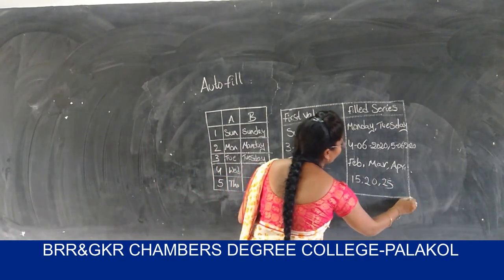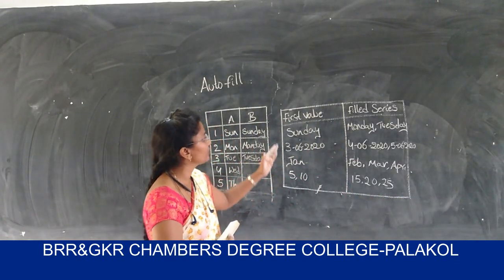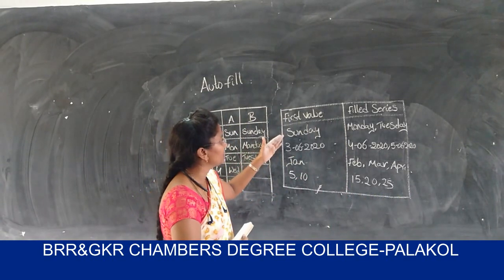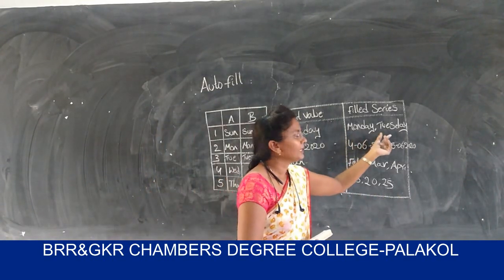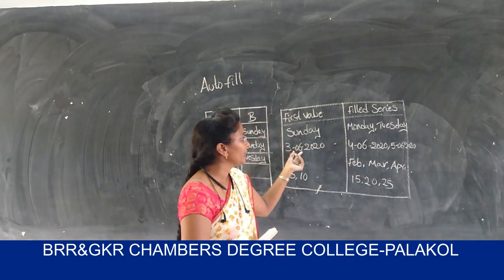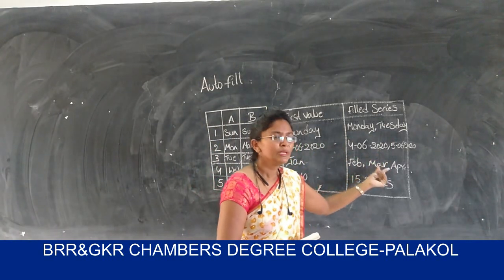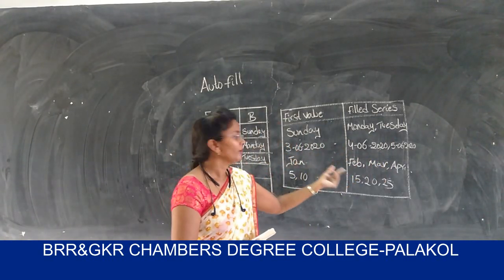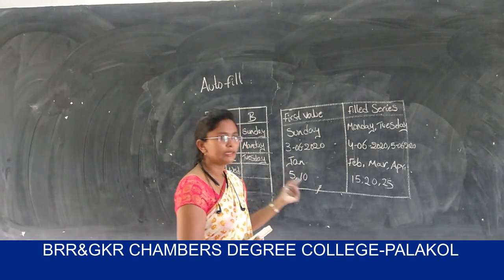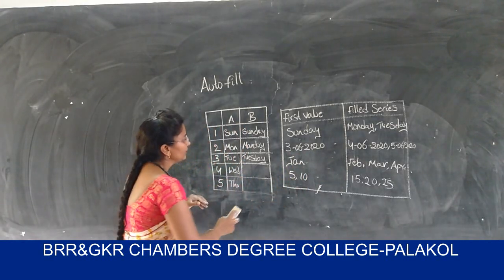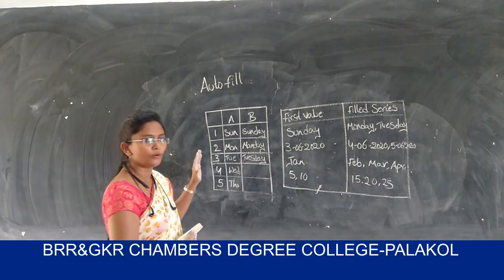This is the format. Whatever the data you enter, these are all autofill sections. That means if you enter Sunday in the Excel sheet and drag towards the downward direction, then automatically Monday and Tuesday will be filled. If you take the date and drag downward, then automatically the remaining dates will be filled. And for this format, months also appeared, and here I am taking the numbers also. This is the way to follow the auto format or autofill.